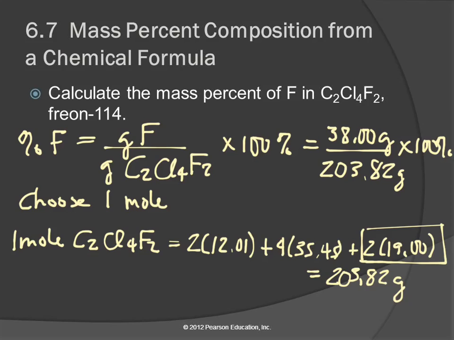We can't just put 19 up there, because in each mole of Freon 114, there's 2 moles of fluorine. So 38 divided by 203.82 times 100. How many sig figs should we give this guy? I say 4.